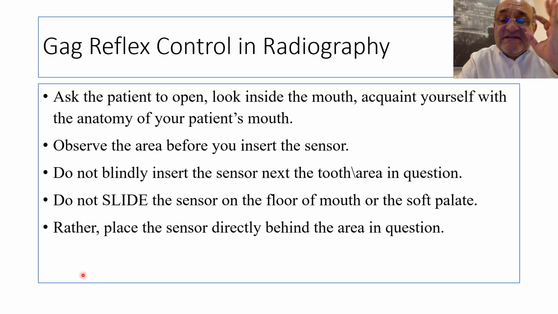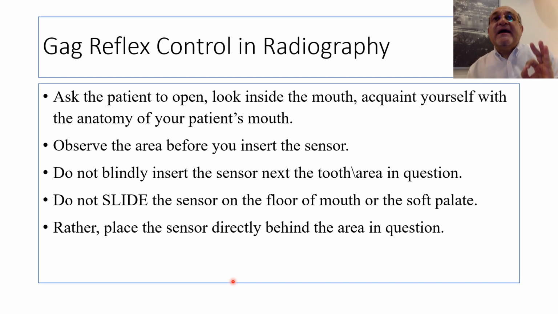When you insert the sensor, never slide the sensor against the soft tissue. Sliding the sensor against the soft tissue will initiate gagging. As we said, gagging is a normal, natural reflex, right? So imagine if somebody slides a finger inside your mouth and puts it against the soft palate.